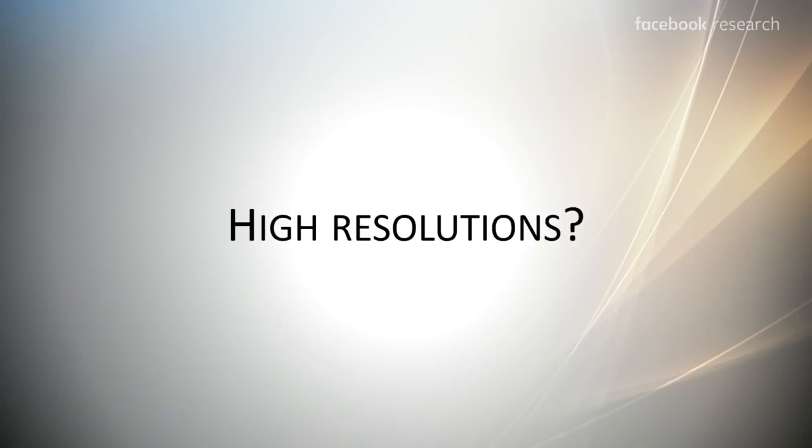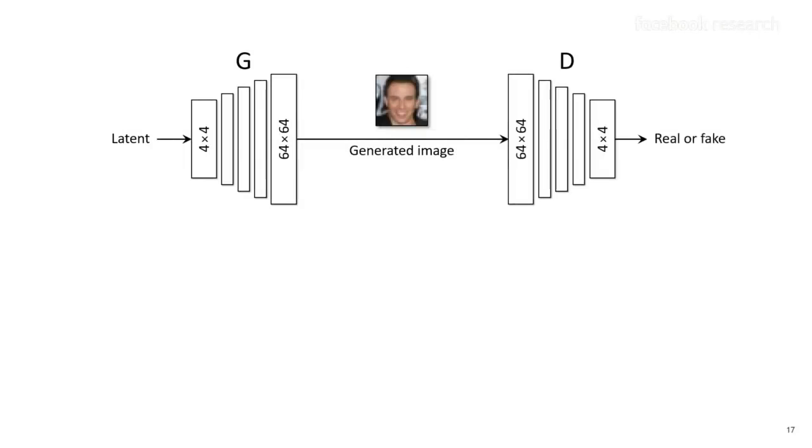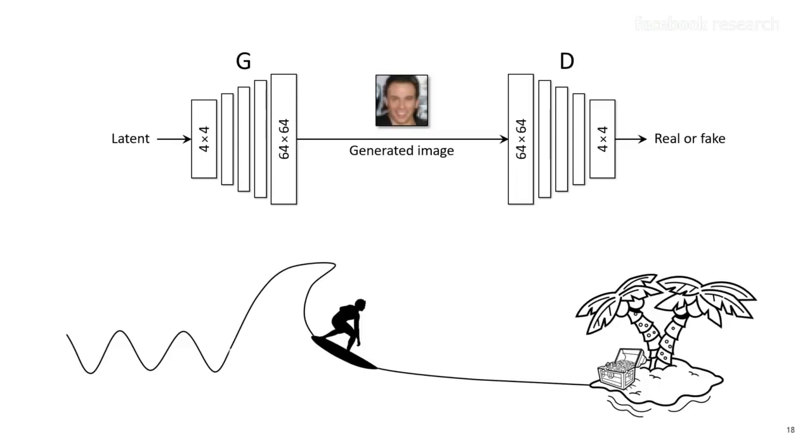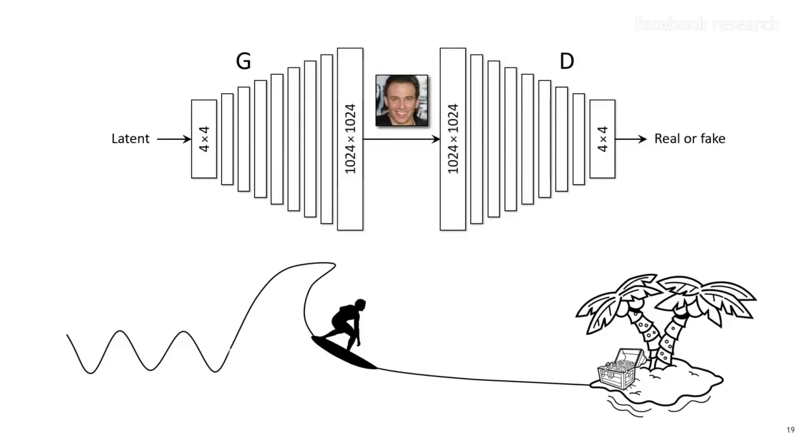What is the problem with high resolutions then? Well, if the resolution is low, then both the generator and the discriminator are rather simple functions, and our picture is accurate. But if we increase the resolution, they become deep networks and they represent complex functions with shattered gradients.